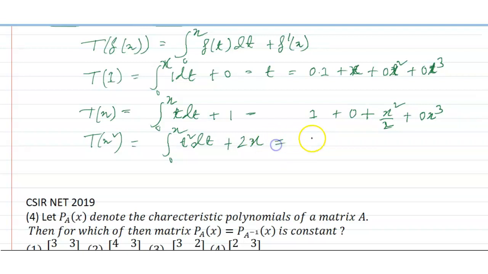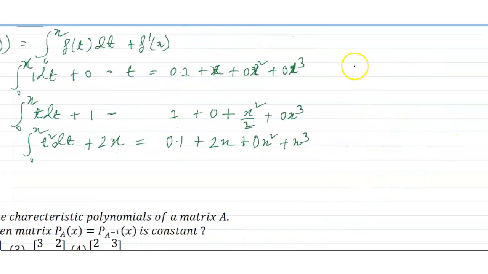So it can be written this way, 0 into 1 plus 2 into x plus x cube by 3, sorry, it can be written 0 into x square plus x cube.